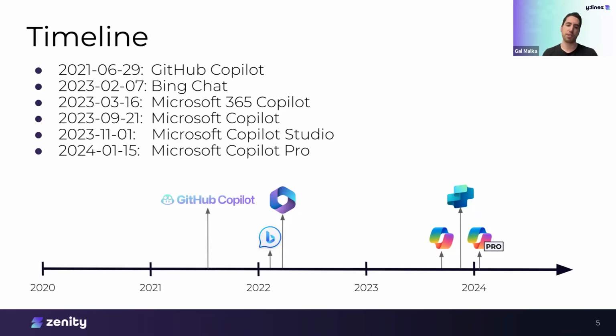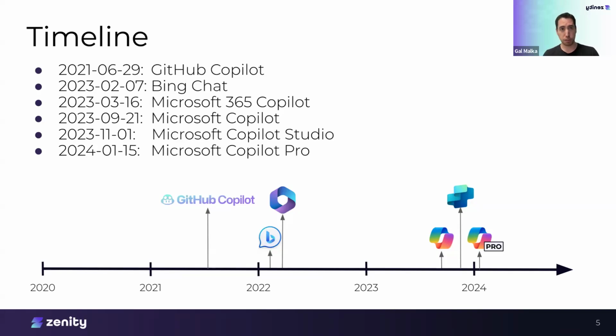Then we got other tiers of Copilots, the personal Copilot, Copilot Pro, and so on, and also Copilot Studio, which is a way to build personal and customizable Copilots within the enterprise and extend, of course, the enterprise Copilots.